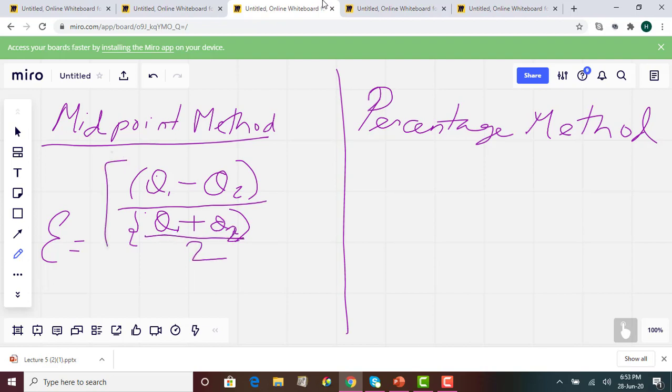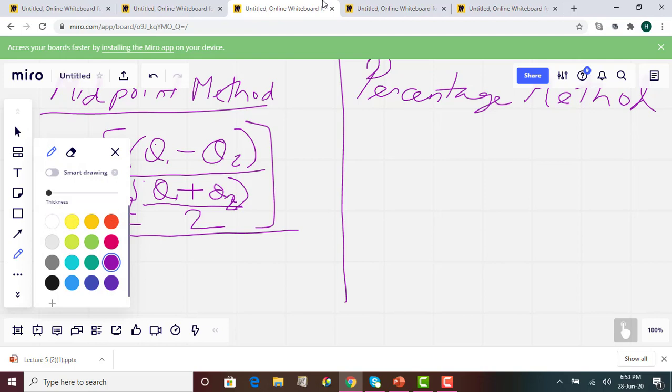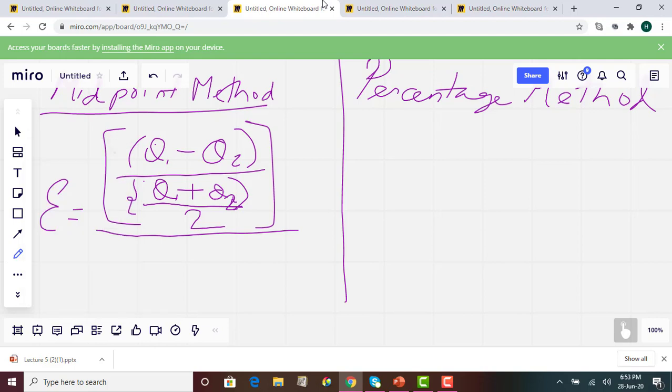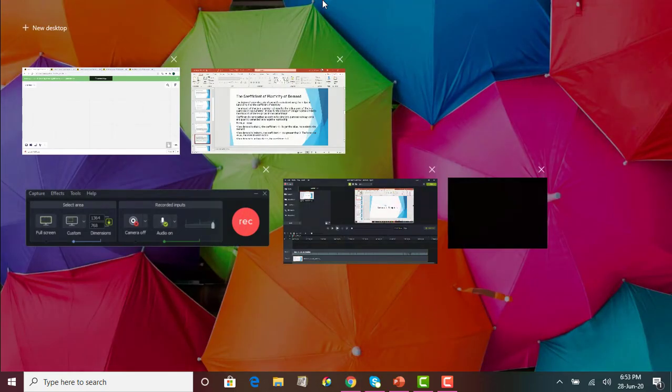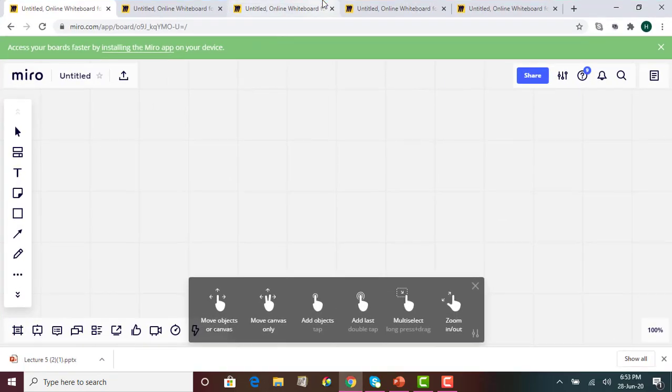Okay, so that's the numerator, and this is the midpoint method. On the top part we have quantity demanded, and in the denominator part we have the price, which is oops, that's my mistake. I'm sorry, I'm really sorry.